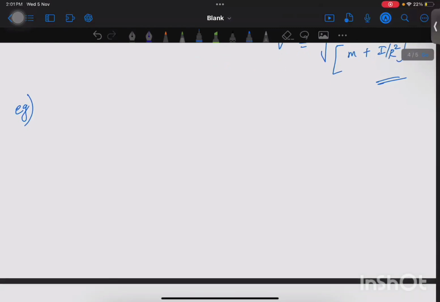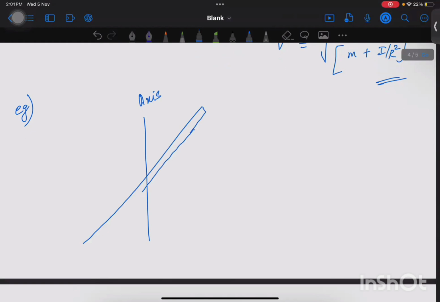Suppose that we have over here the axis of rotation this way, and this is a rod over here. And this rod has a mass of m, it has a length of l. The angle over here is theta. This rod is rotating about this axis in this way. With what angular velocity?